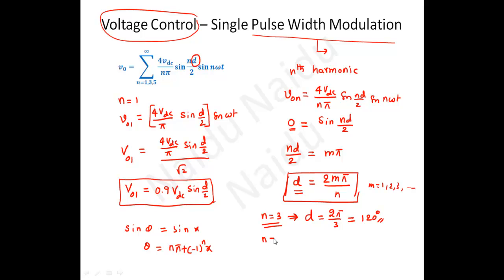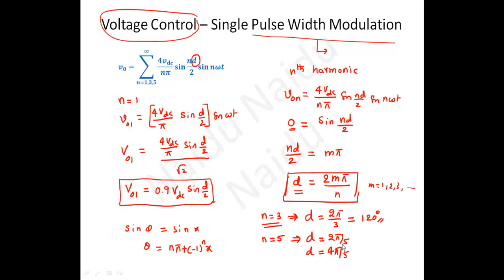Suppose you want to calculate the pulse width for fifth harmonic elimination, that means n equal to 5. Substitute m equal to 1, which gives 2 pi by 5. Then substitute m equal to 2, which gives 4 pi by 5.